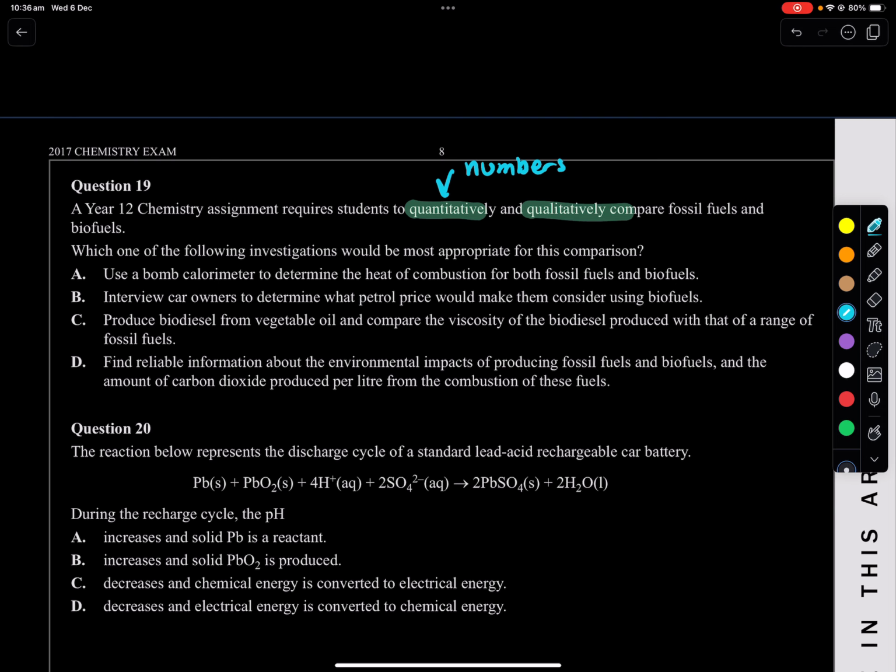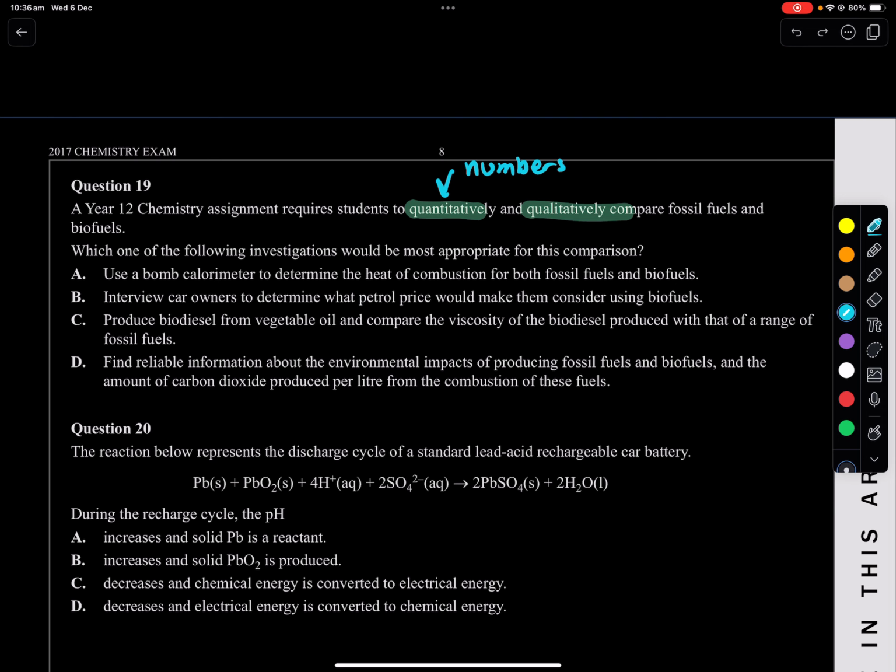So first one, A: use a bomb calorimeter to determine the heat of combustion for both fossil fuels and biofuels. Look, this is a quantitative analysis because we are determining the heat of combustion. Heat of combustion is a number. And we're not actually comparing, we're not saying anything.